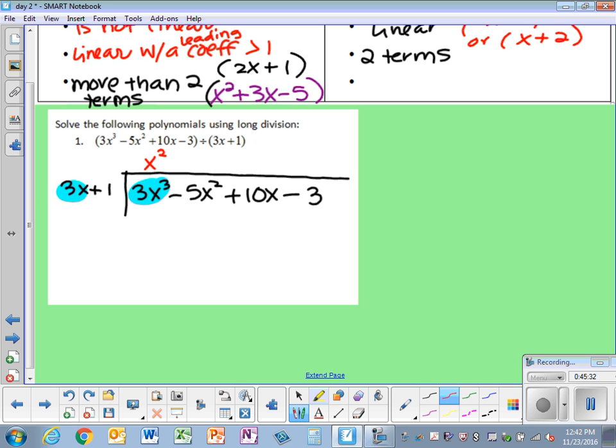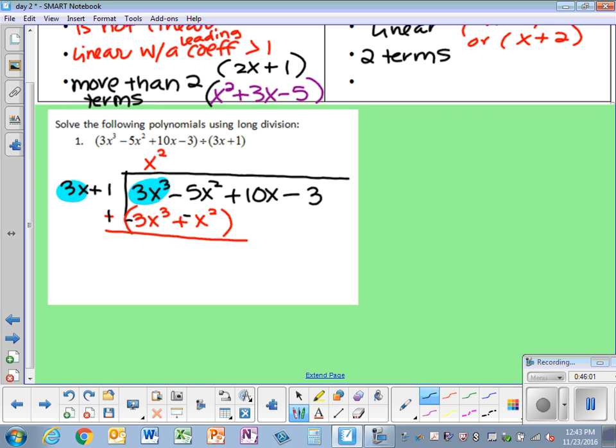And then distribute that x squared to everything on the outside. X squared times 3x gives me 3x cubed. X squared times 1 gives me x squared. Parentheses, subtract. Now we want to distribute that negative, so plus, minus, minus.